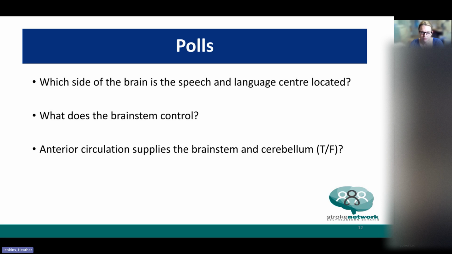Last one, true or false? Your anterior circulation supplies the brainstem and cerebellum.